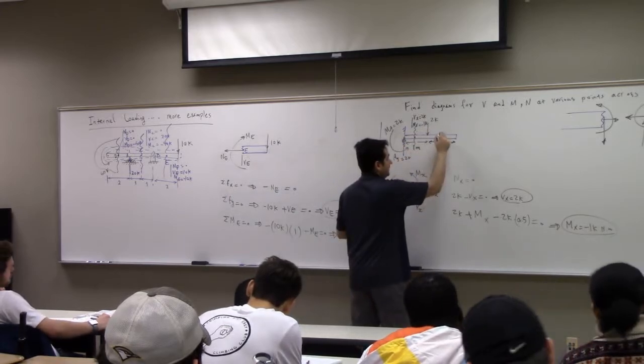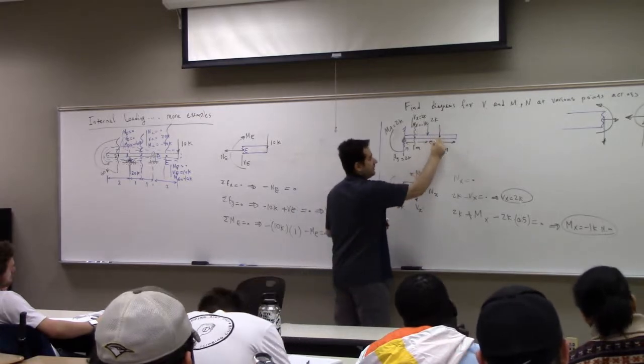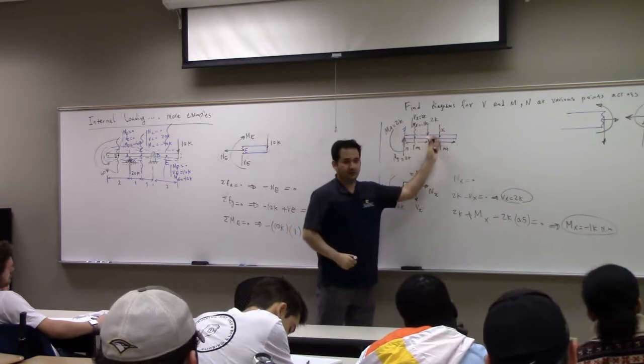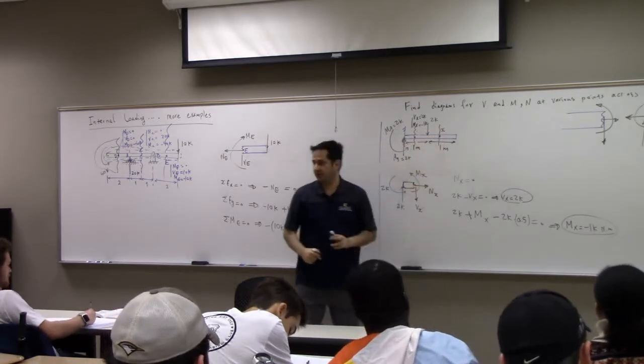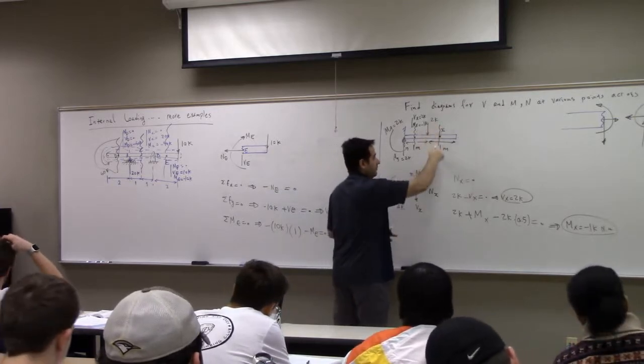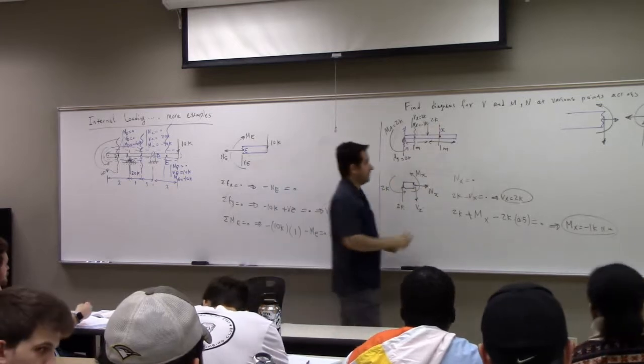Let's choose a point here. If I choose a point here, again, let's say this point still is X, but I just moved it to some other point. Don't choose another character, just point X. So if I choose a point here, what part of the system should I take, left or right? The one on the right.